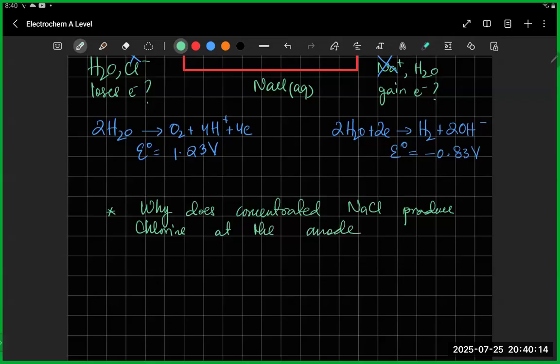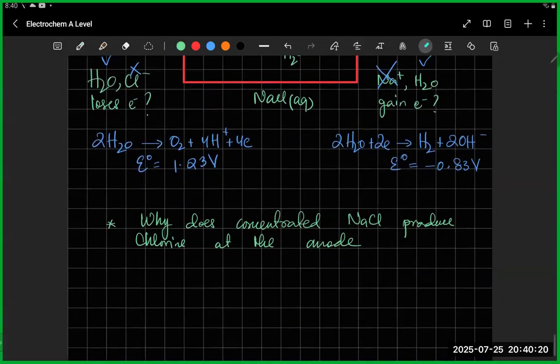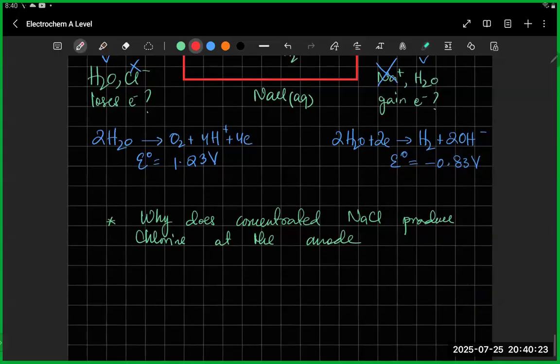Remember, there was a competition happening at the anode between water and Cl minus 1 losing electrons. The water equation was already written: it was losing electrons and forming O2 plus 4H plus 1, and the E naught for that was 1.23 volts.